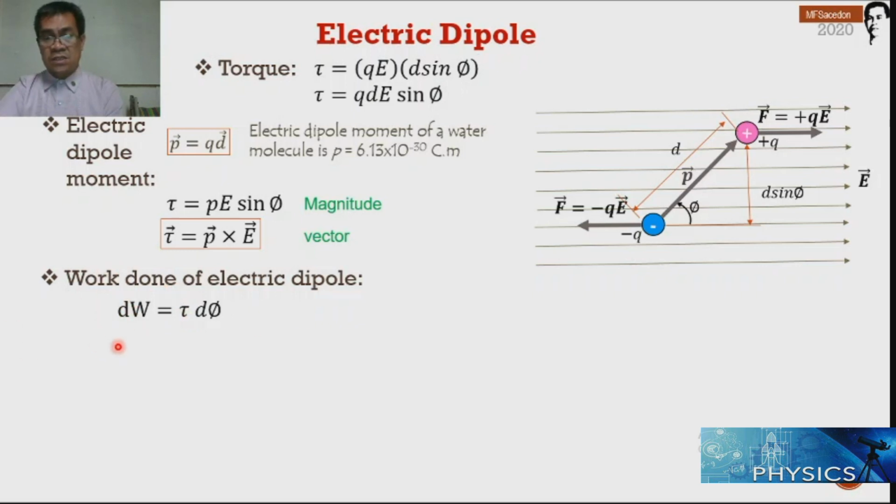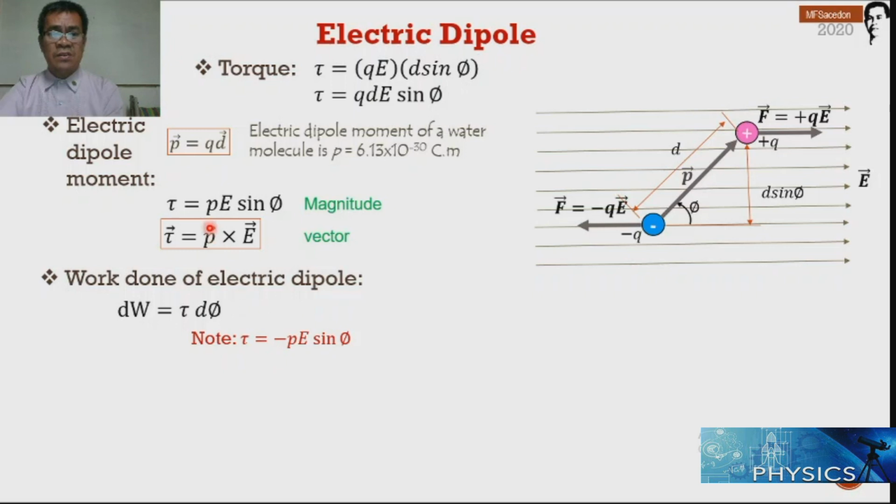So integrating both sides, take note that the torque is a negative torque. Why negative? Because the angle keeps on reducing until zero as the dipole rotates towards the direction of the electric field.